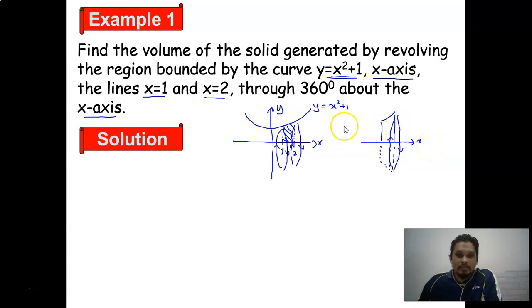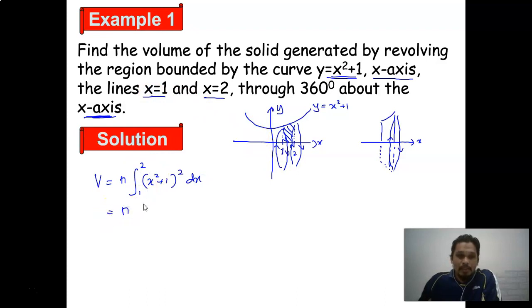So then V equals pi times the integral of (x squared plus 1) squared dx, from x equal to 1 until x equal to 2.